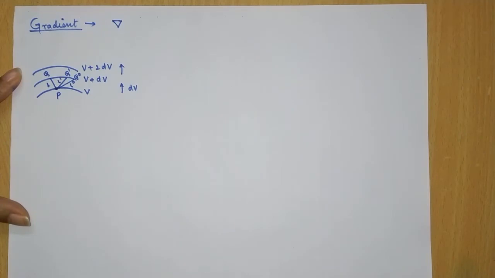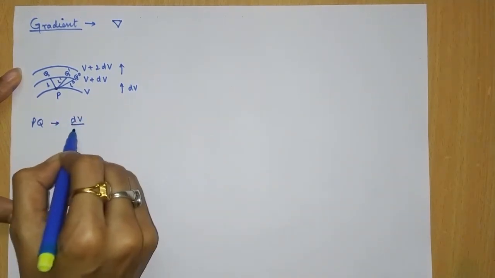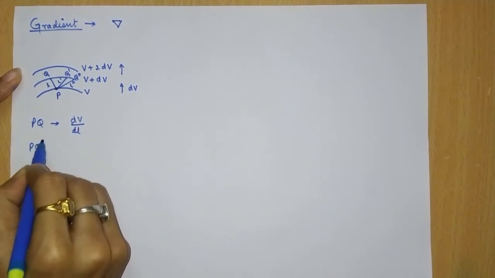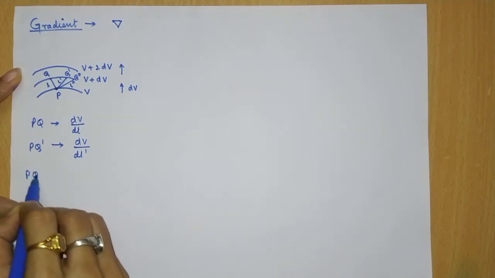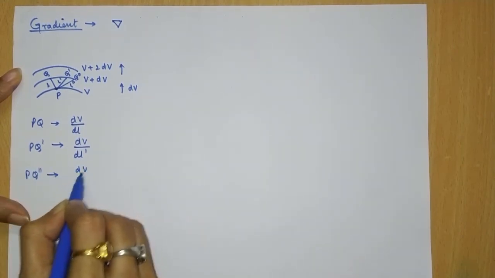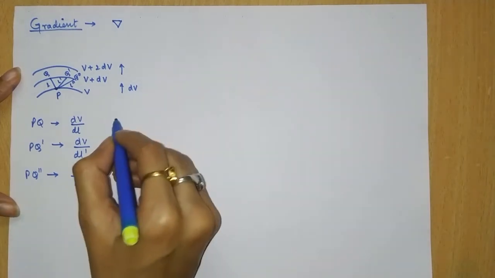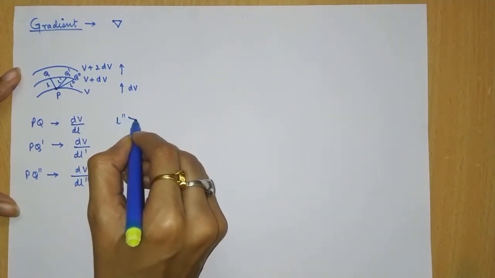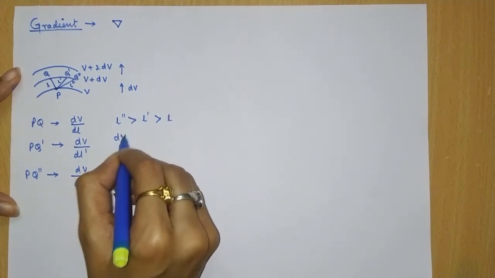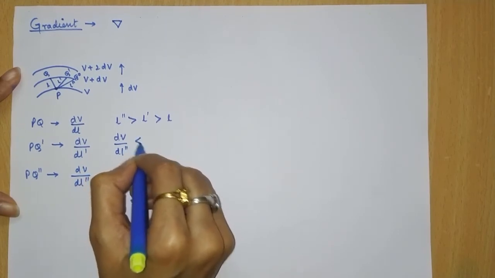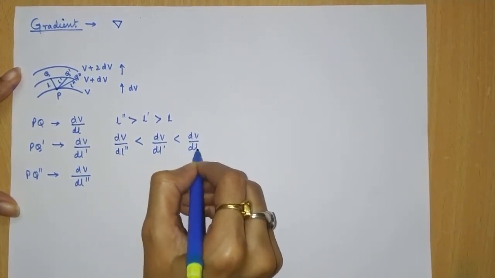Now, in PQ direction, we can write the derivative as dV by dl. In PQ dash, we can write dV by dl dash, and in PQ double dash direction, we write dV upon dl double dash. As we see here, L double dash is more than L dash, which is more than L. That means dV by dl double dash is less than dV by dl dash, which is less than dV by dl.